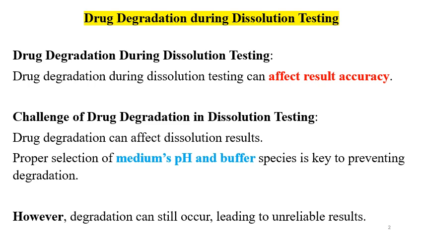Select the proper buffer or buffer composition so that the degradation can be prevented and you can rely on the dissolution results accuracy. But if the degradation still occurs, then some composition changes are required in the dissolution medium.